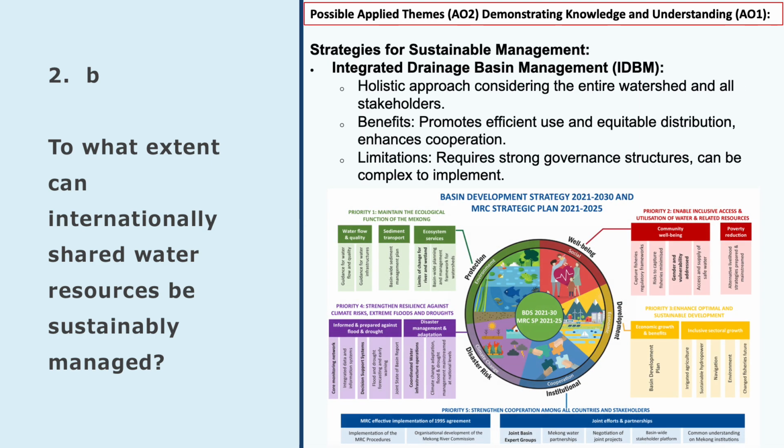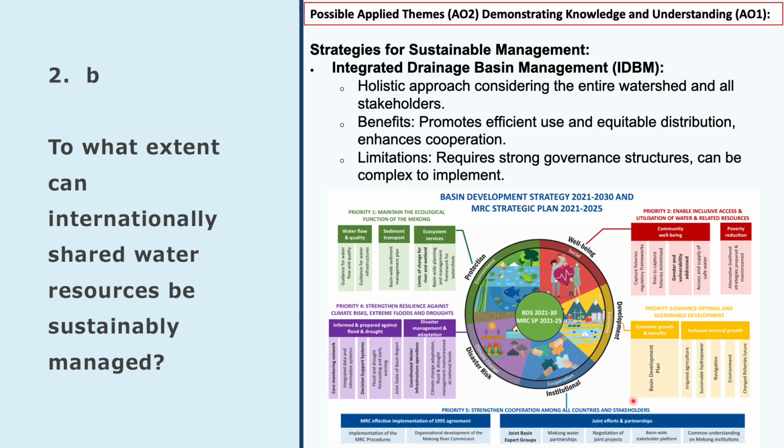Integrated Drainage Basin Management, IDBM plans, is another very relevant form of internationally shared water resource management. And so this is a holistic approach that considers the entire watershed. So not just the river itself, but also the surrounding land and the use of the surrounding land, all the different ways that the biophysical interactions happening around the river might go on to influence human and ecological well-being in the area.